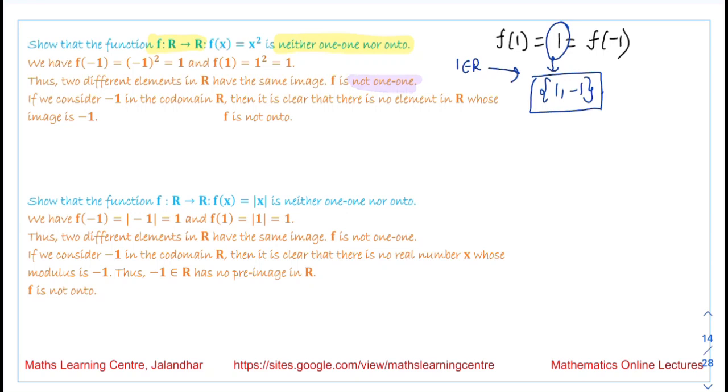Next we have to prove that this function is not an onto function.